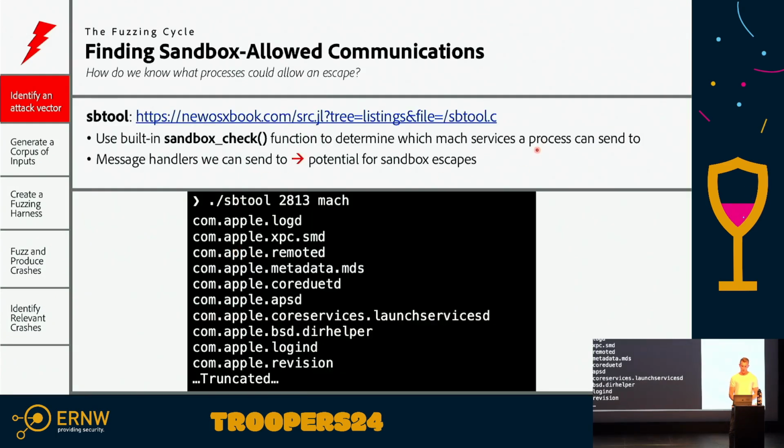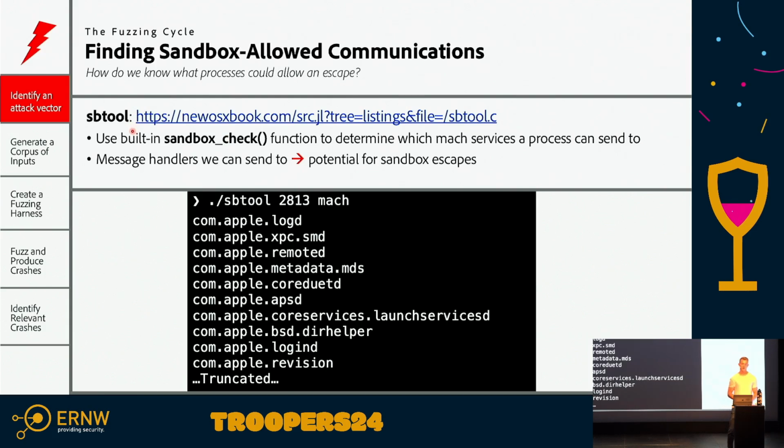So the next thing I wanted to do here is figure out what I should target. I knew I wanted to target IPC mechanisms and Mach IPC messages, but I wanted to narrow that down a little bit. And so I wanted to determine which processes could actually allow for that sandbox escape and would be meaningful. So there's a tool called SB Tool, which was written by Jonathan Levin.